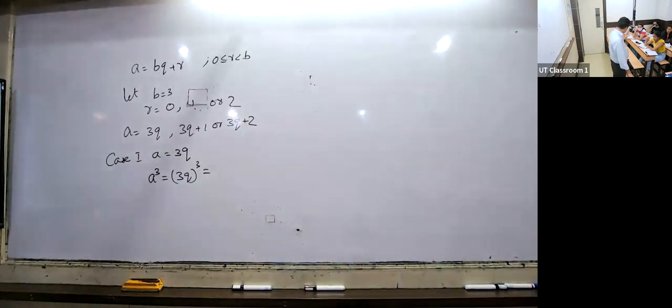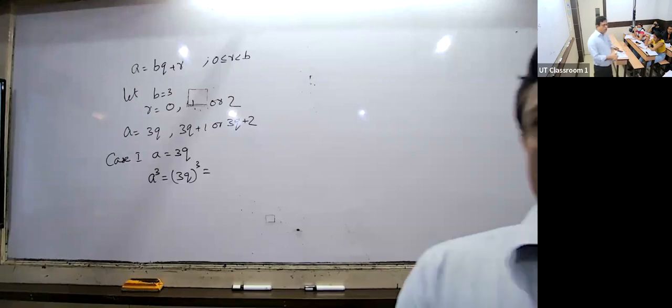What is the cube of a number? Cube of 2 is 8. Cube of 3 is 27. Like that, the cube of 110 is equal to 1000. So 1000 can be written either in the form of 9m or 9m plus 1 or 9m plus 8. That is the condition here.